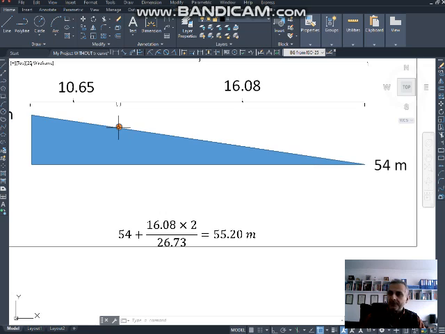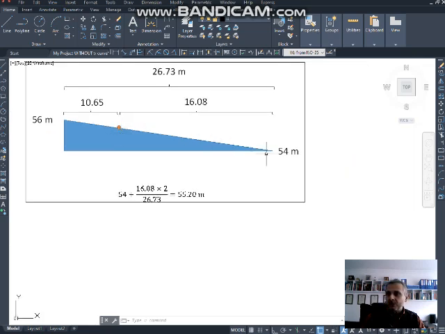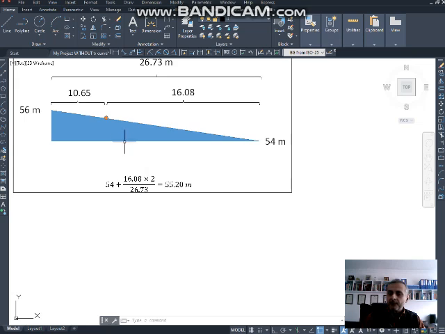So the elevation of that is obviously between 54 and 56, and it is 55.20 meters. Let's assume if this center line had been exactly in the middle between this point and that point, obviously the elevation would be exactly 55 meters.